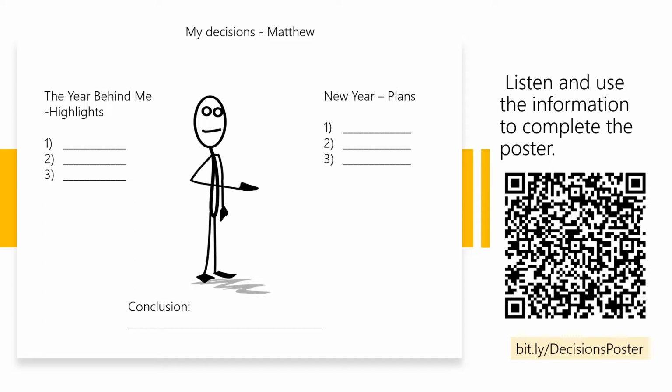Please scan the code or use the link to listen to his presentation of the poster and complete the poster with the information you hear. Copy the parts of the poster in your notebook, listen to his presentation, and do this task.